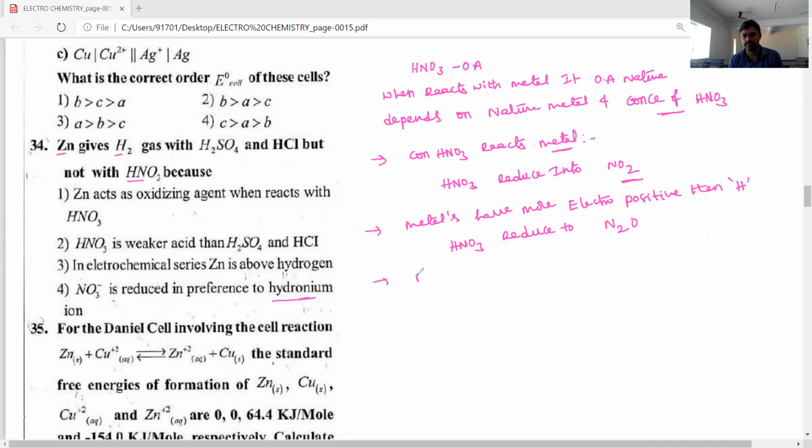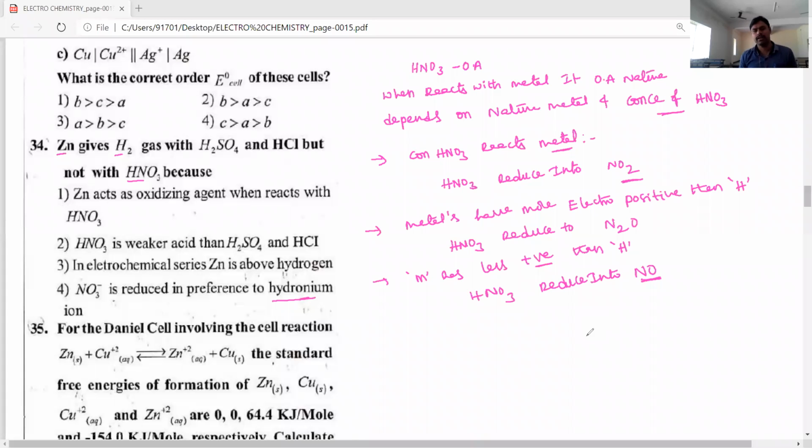If the metal is less electropositive than hydrogen, then HNO3 is reduced into NO, nitric oxide. Already we discussed these chemical properties in the 15th group elements.